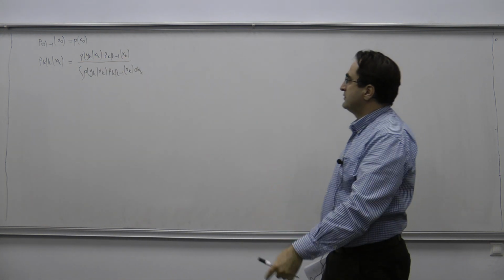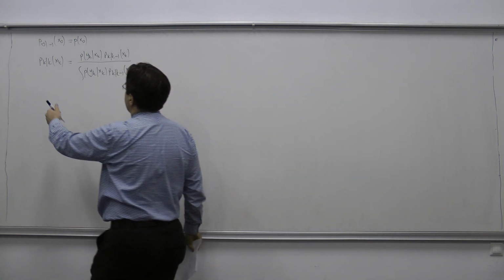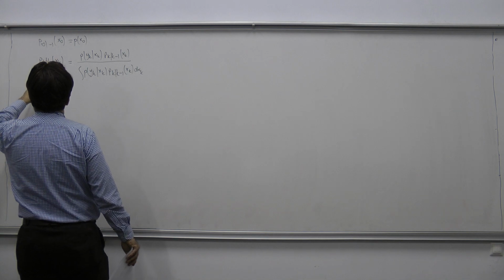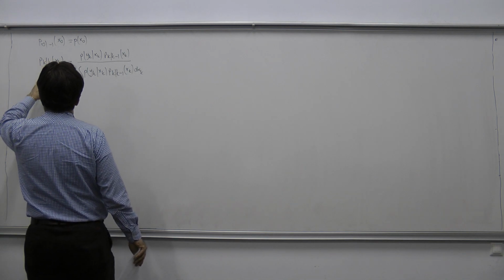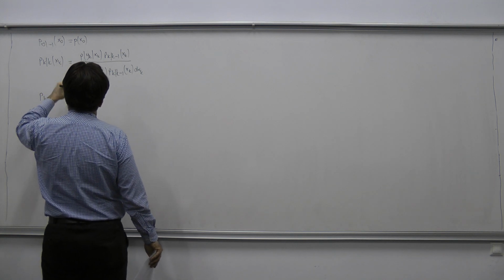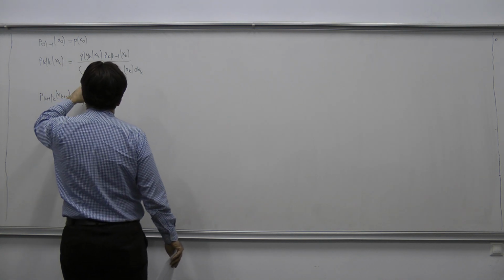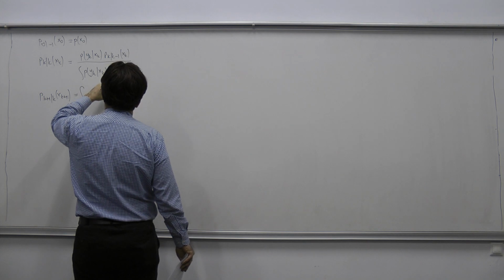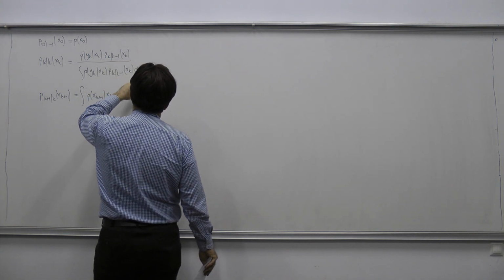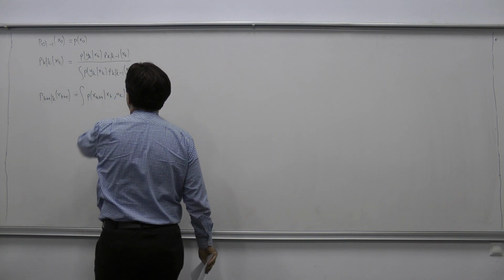And we have the prediction update to complete the recursion. So we have pk plus 1 given k of xk plus 1. In this case, this is just an integral. So I have p(xk plus 1 given xk, uk), and pk given k of xk, dxk.